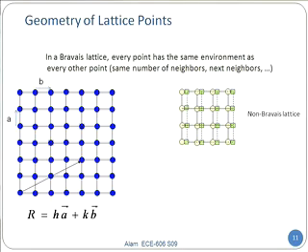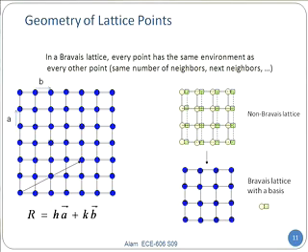It looks about the same, but from the yellow one looking to the right, you have a very close green neighbor. But for the green one looking to the right, you don't have a corresponding yellow neighbor. You have another one towards the left side, not on the right side. So it's not a Bravais lattice, and the way to transform this to a Bravais lattice is to assume the green and the yellow together is a unit, and thereby transform it to one of the Bravais lattices. This we have done before.